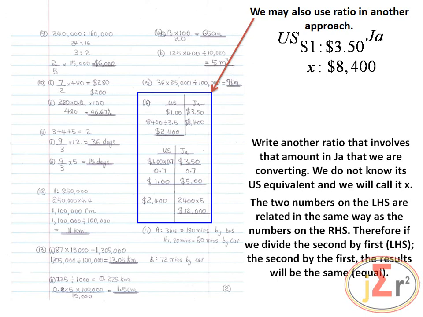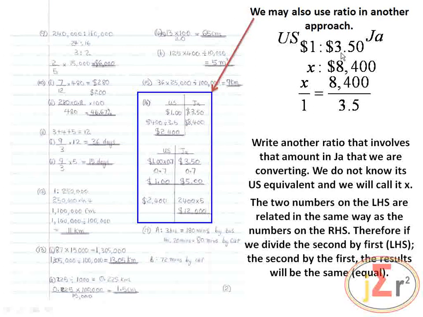So if we say X divided by 1 and 8,400 divided by 3.5, then whatever we get for X divided by 1 will be equal to whatever we get for 8,400 divided by 3.5.